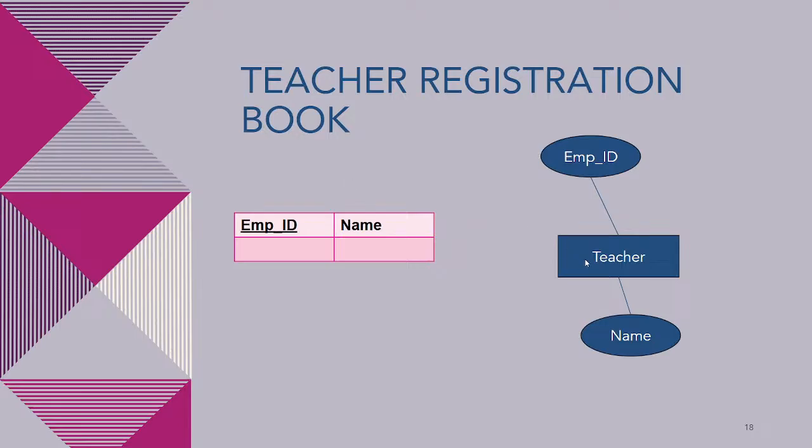Then the teacher entity. In the school teacher registration book, you will have the employee ID, name and other details, also address. You can include address, city and other properties of the teacher, but here I have used the basic two properties: employee ID and name, as we mentioned in the previous ER diagram.